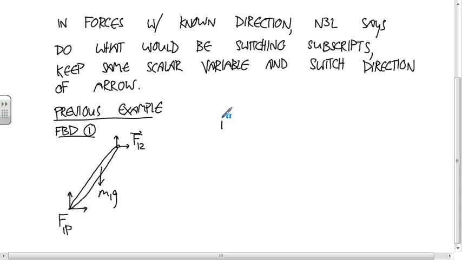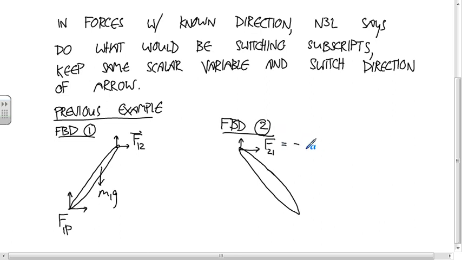And the free body diagram of body 2, we had F on 2 by 1, but now from Newton's third law we know that this is equal to negative F12, and so we don't have to introduce two new variables here, and we still have the weight, and we still have this upward force.